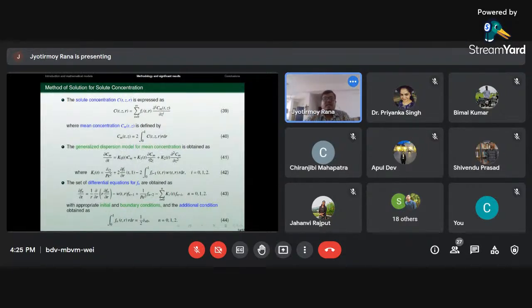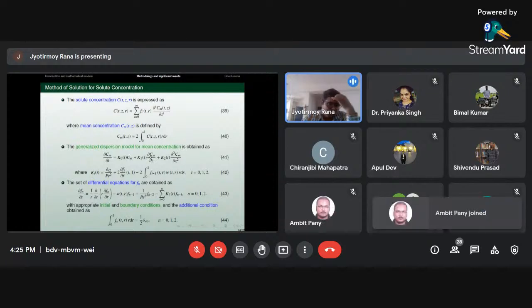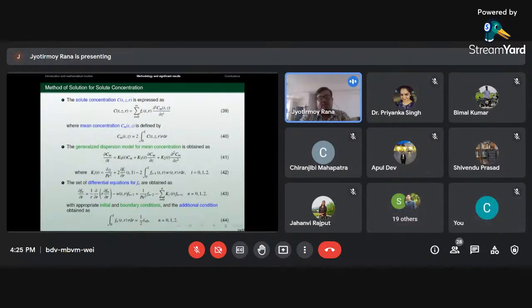These are unknown to us. K0 is the exchange coefficient, due to the non-zero solute flux to the tube wall. K1 is the convection coefficient, due to the fluid velocity, and K2 is the dispersion coefficient, due to the fluid velocity as well as the molecular diffusion of the solute. So these three transport coefficients we need to find out.